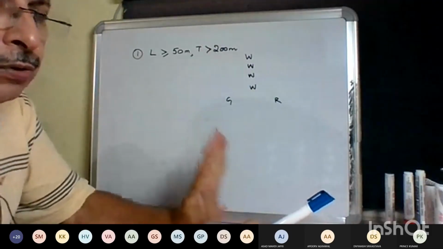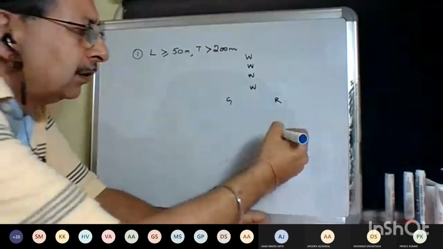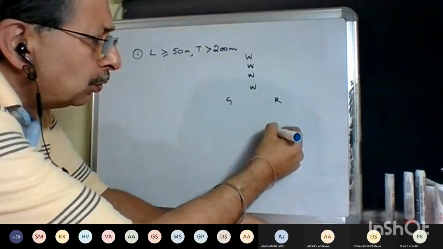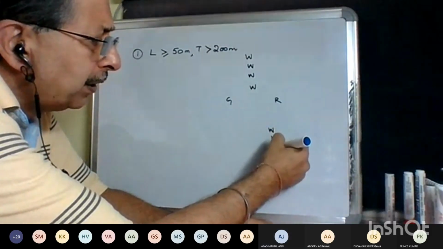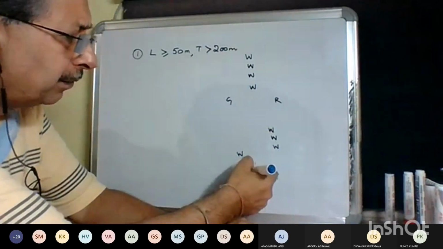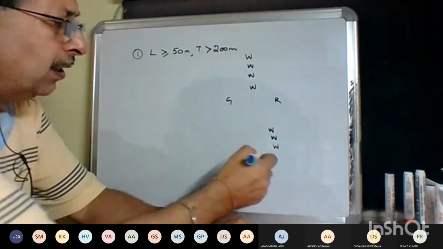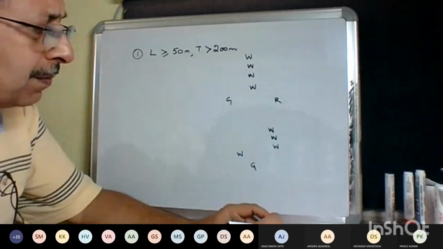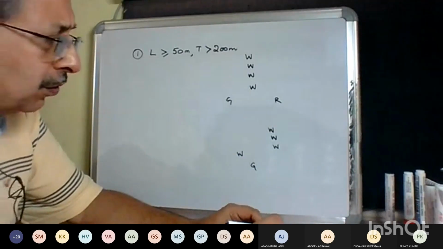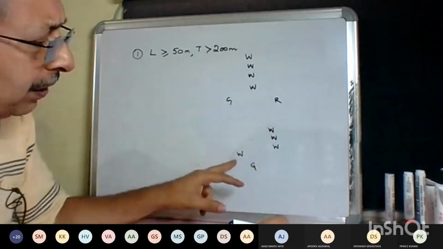ये क्लियर है? किसी को कोई डाउट हो? इसको अगर साइड से देखना है, so this can look like this also. White, white, white. Fourth one white here. And green, supposing starboard side दिखा रहा है ये अपनी. Crossing from port to starboard. You can have 3 here, 1 here.